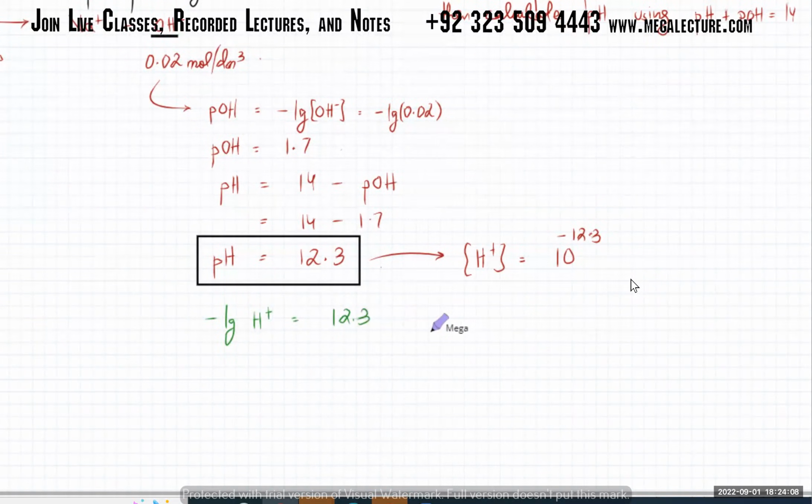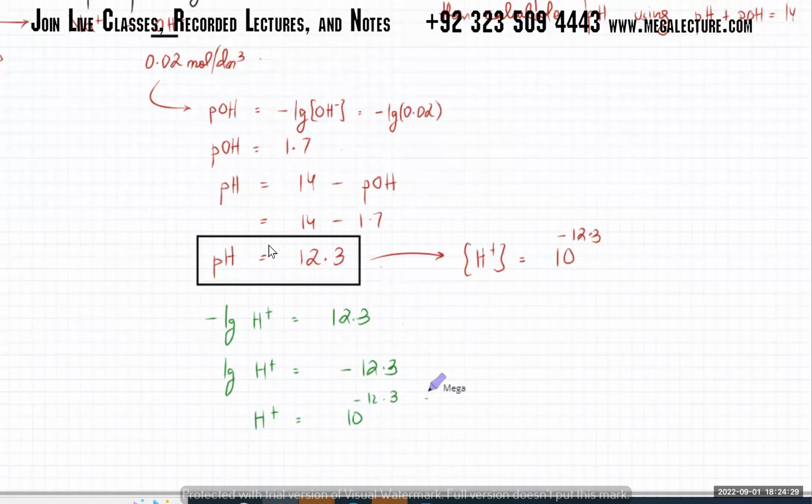You take the minus sign to the other side, so log of the concentration of H plus ions is equal to minus 12.3. Take the anti-log, and the whole thing becomes powers of 10 again. It's 10 power minus 12.3. So it's pretty simple.